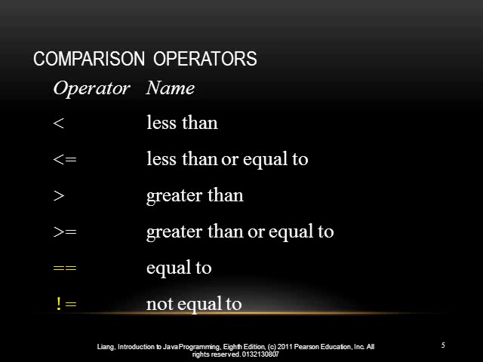So remember that as far as the Boolean operators are concerned, you use the double equal sign to test for equality. And the last, not equal, uses the exclamation point and an equal sign simply to test for inequality. We're not concerned if it's less than or greater than, we're simply concerned that it is not equal.